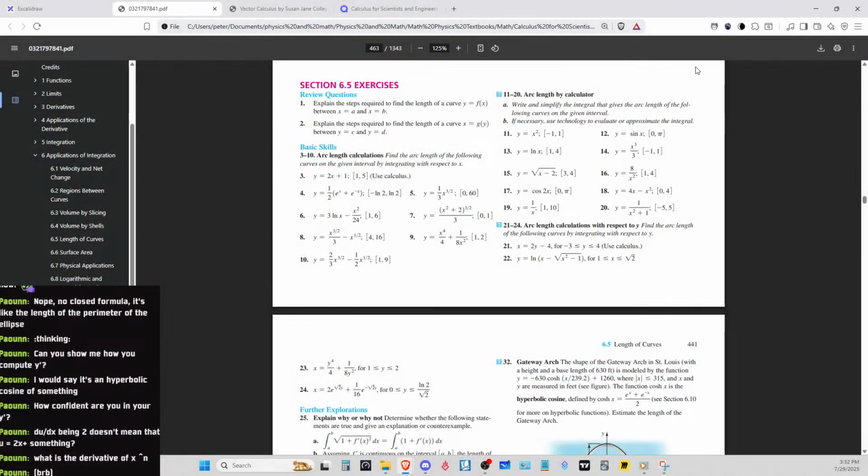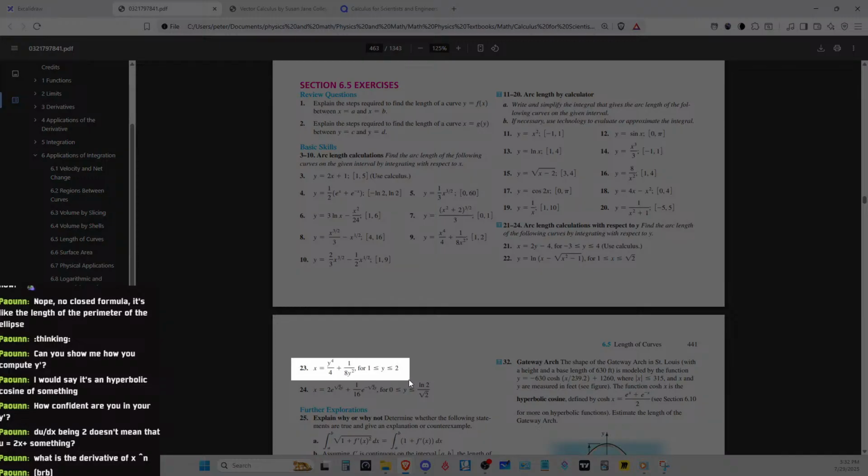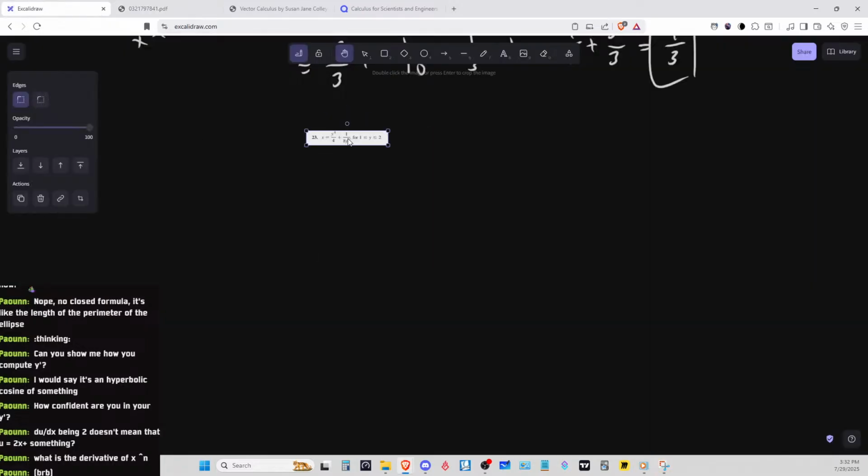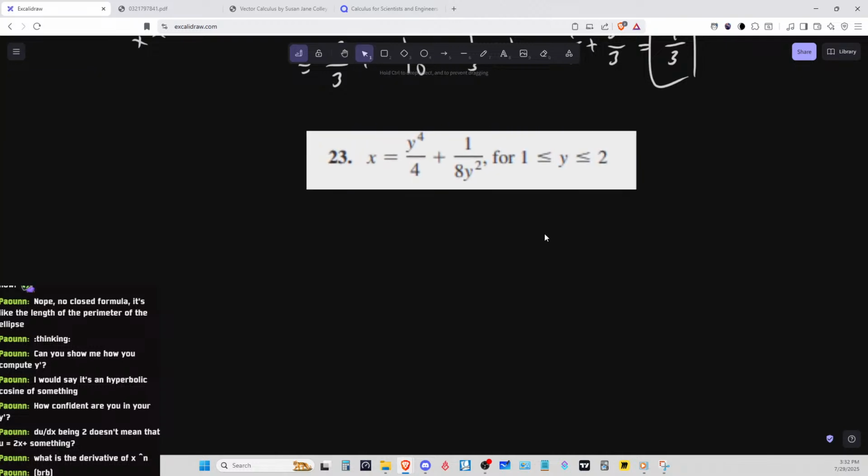Oh, no. I don't want to copy it like that, so let's do that again. Let's copy this, and we'll copy that. Paste. Then expand it like that. Okay, cool.